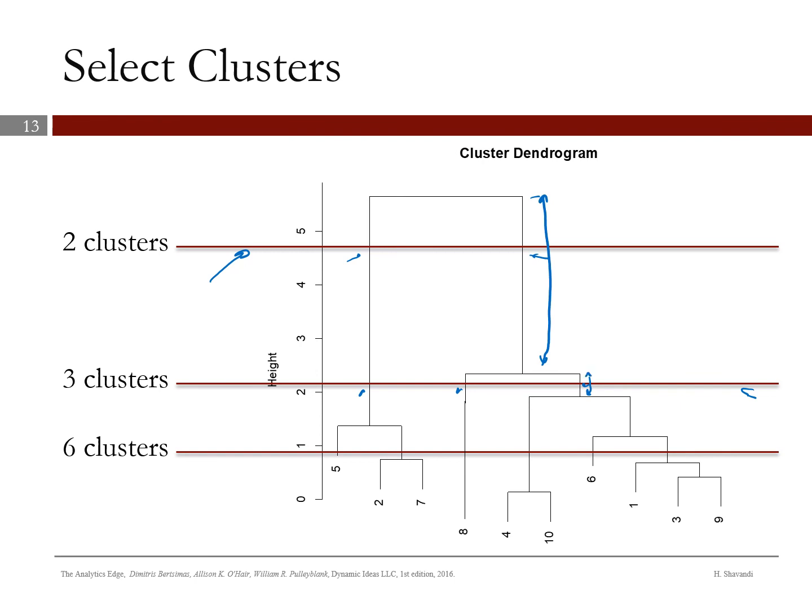Or maybe this one: 1, 2, 3, and 4 crosses. That means we'll have 4 clusters here, and again an acceptable level of wiggle room between these two horizontal lines. And for this one, we have 6 clusters and so on.